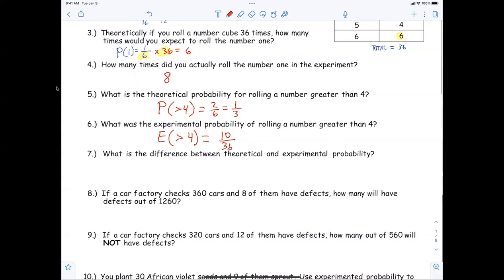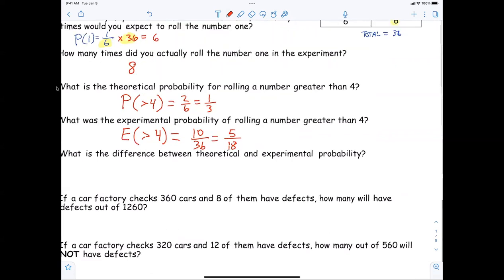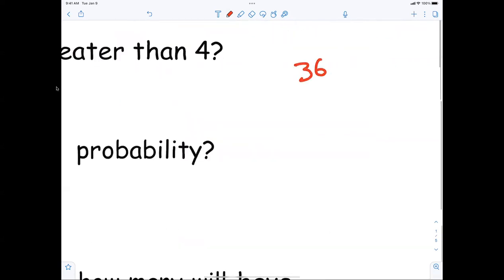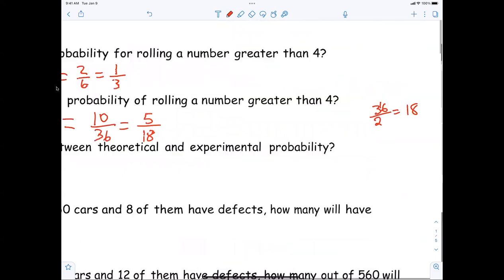And we're going to practice reducing. 5 over... How many times does 2 go into 36? 18. Now, we're not using a calculator today. We're practicing our mental math. If you don't know that's 18, remember the quickest way to do 36 divided by 2. 2 goes into 3 one time with 1 left over. 2 goes into 16, 8. That's how you should be doing it mentally.